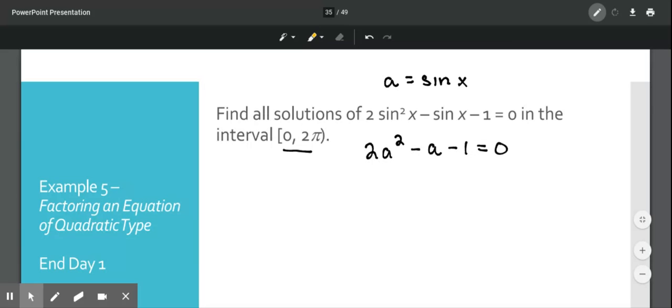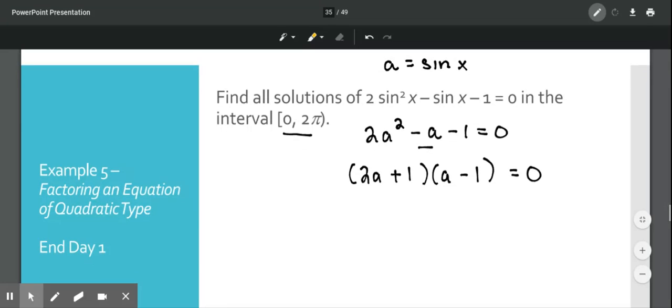Right? And so if we factor this, 2a squared will have factors of 2a and a, and negative 1 will have a factor of a plus 1 and a minus 1. So this will be your plus 1, and this will be your minus 1. So that way when you FOIL it back out, your middle term is negative a.